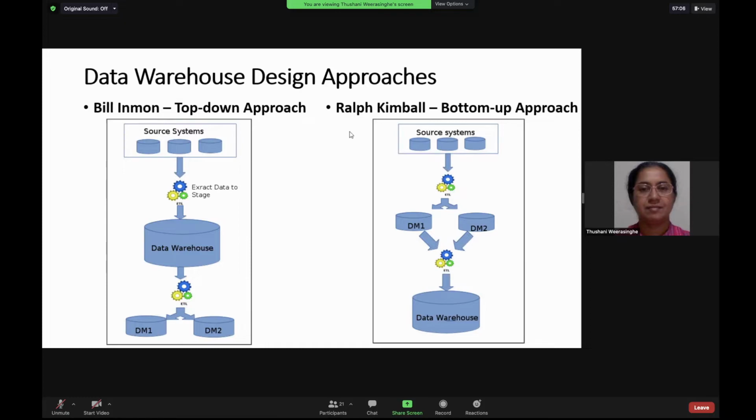Inmon and Ralph Kimball's approaches. Inmon said this, and then Ralph Kimball says they can have this as well. They have different purposes, different objectives. So people who want to find more information about their closest department like to have Kimball's bottom-up approach, so that they can get the information very quickly.